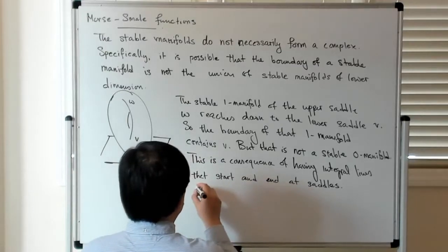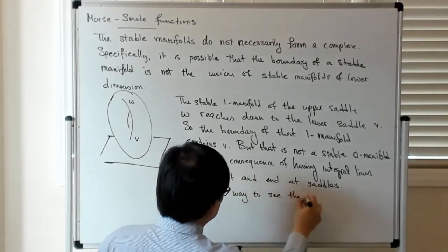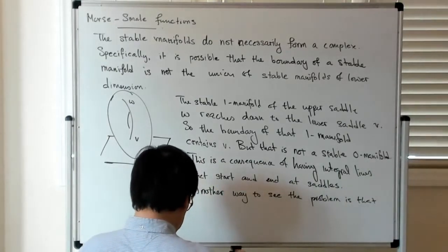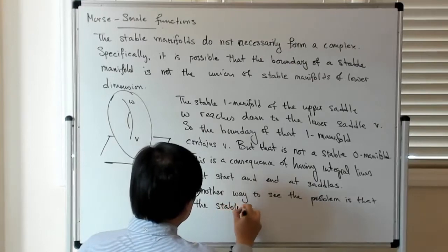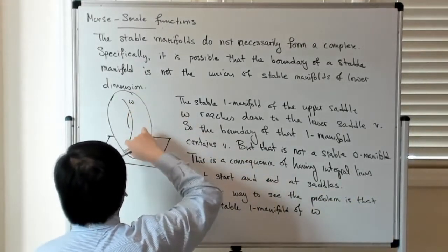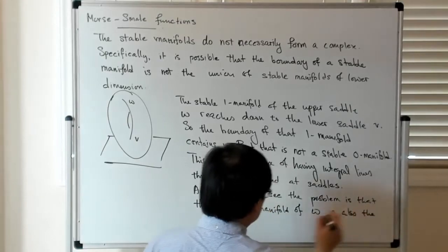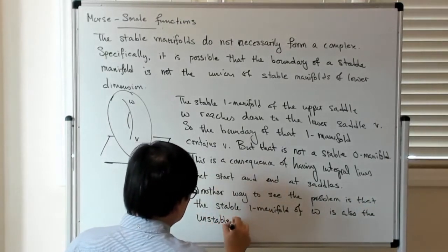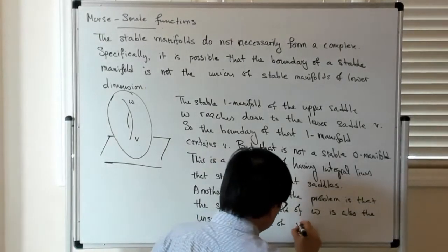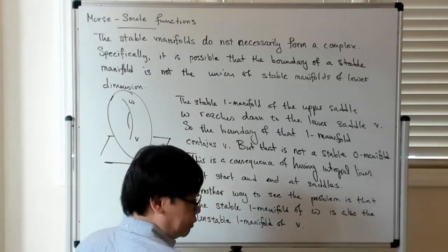Another way to think about this, to see the problem, is that the stable one manifold of W, which is this line, is the unstable one manifold of this lower saddle V. And the point is that generically these stable and unstable manifolds do not intersect.